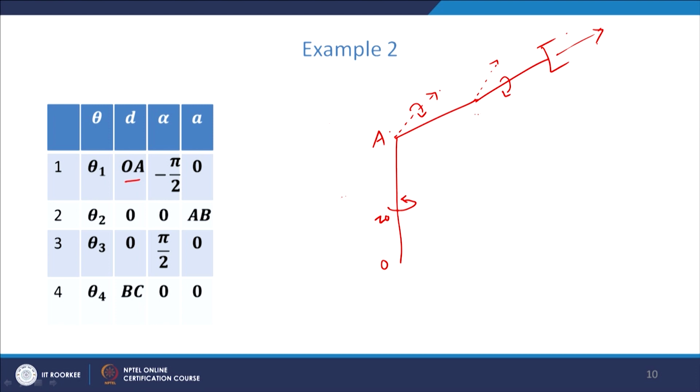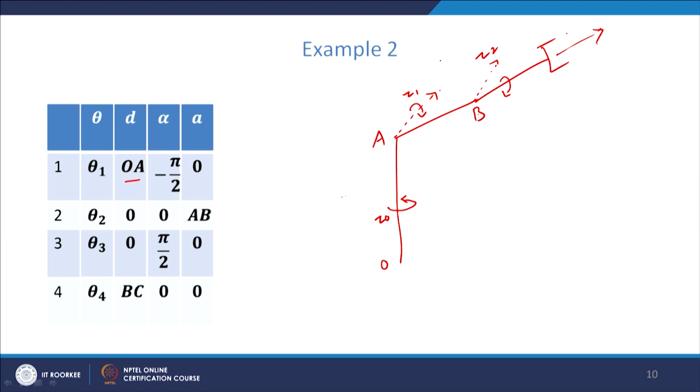So, if OA is on the plane of the paper, then the axis Z1 is perpendicular to the plane of the paper. Then at the joint B, there is an axis of rotation which is parallel to the Z1 axis.